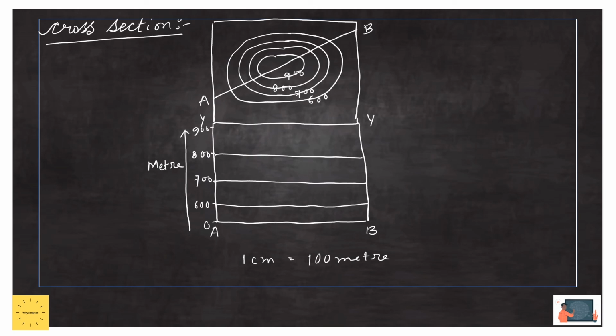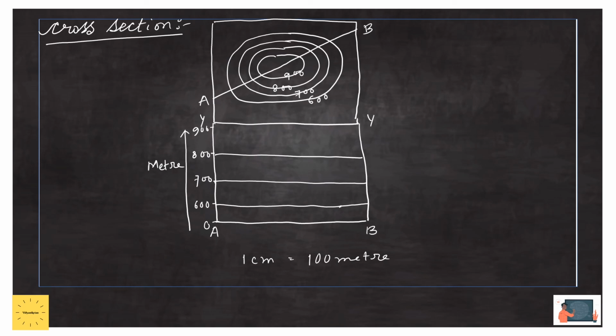Now, first you have to cut these points. Like this is 600, so you have to put this point perpendicularly over this point, over this parallel line. Okay, so this is the 600 point, just put it here, and also this is cutting 600, so this point.